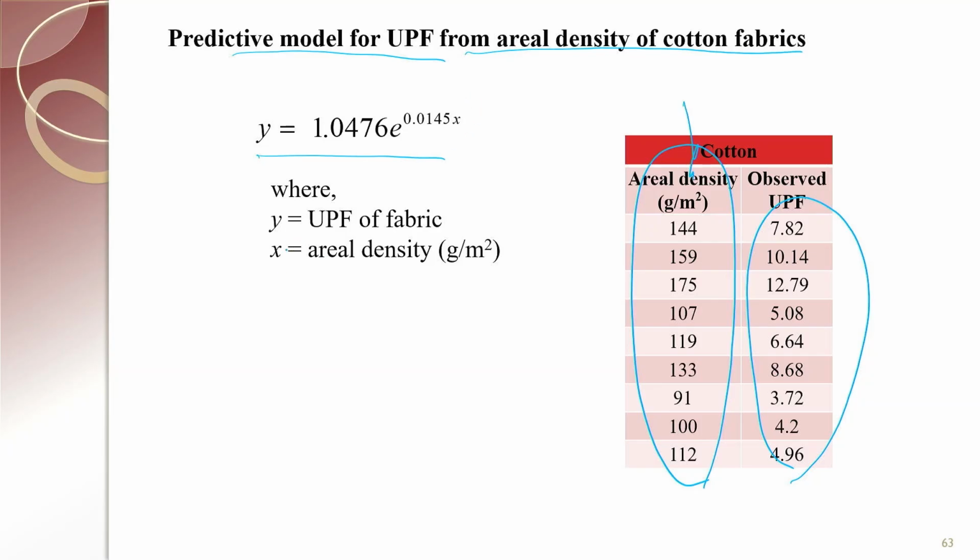So, y is the UPF value and x is the areal density. If we know the areal density of cotton fabric, we can predict the UPF value, particularly for this type of fabric.